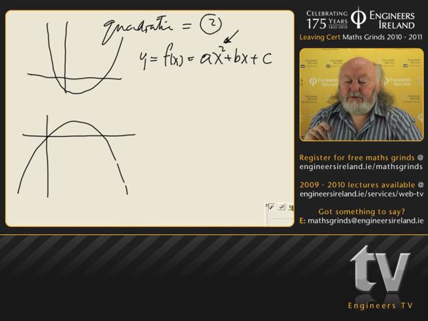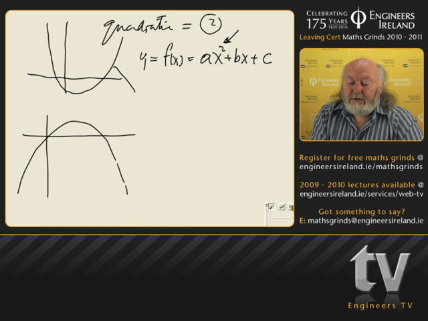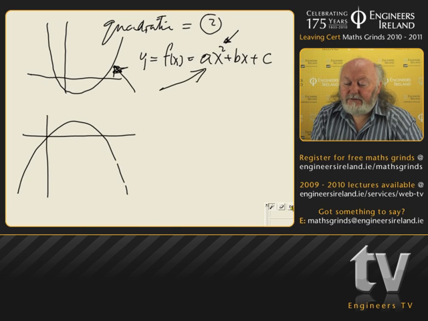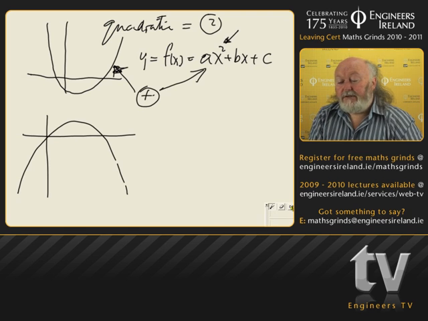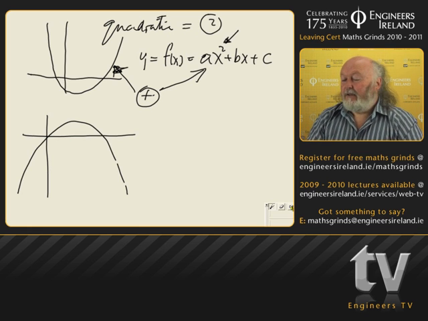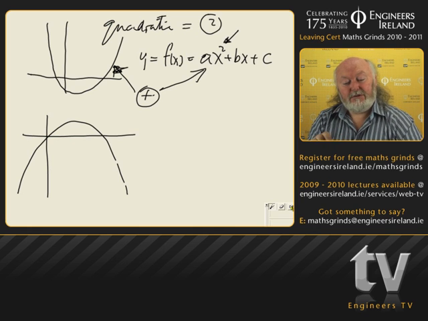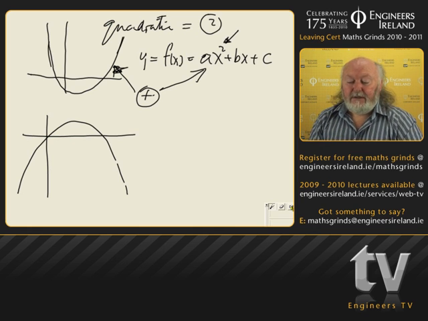What's the difference between both of those? This one up here, that's the way it looks when a is positive. So if this was, let's say, just x squared plus blah blah, the rest of the stuff, because x squared is really 1 multiplied by x squared, it's going to look like that. If this was plus 17x squared, blah blah, it's always going to look like this.